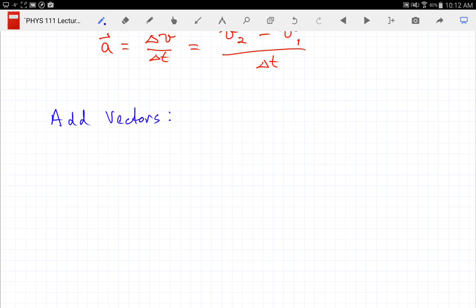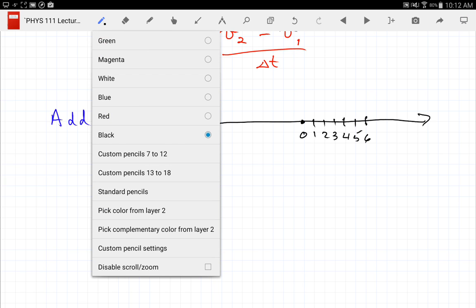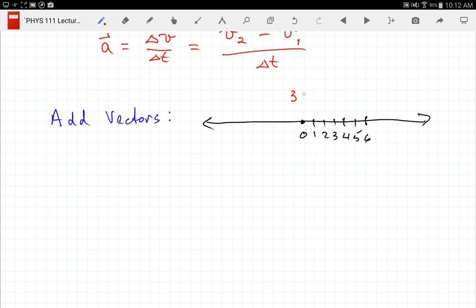What I learned was how to add with a number line. So we had a number line, something that went like this. And we had 0 here, 1, 2, 3, 4, 5, 6, so on. And if I wanted to add 3 plus 2, Michaela, how do I add that with this?